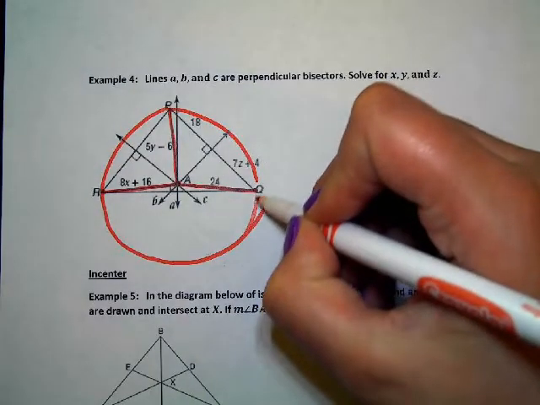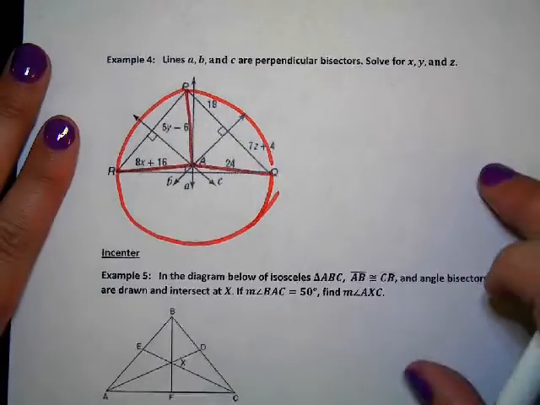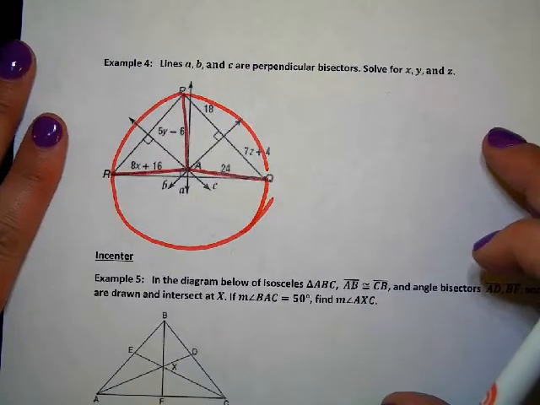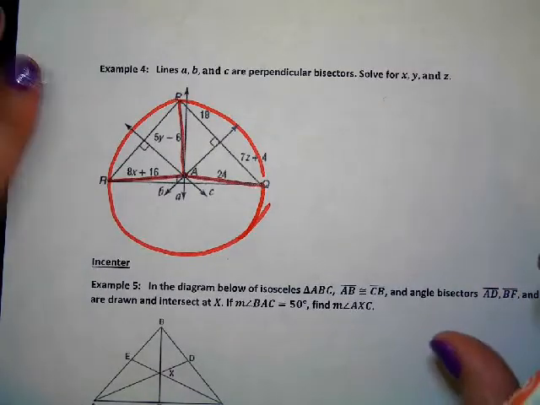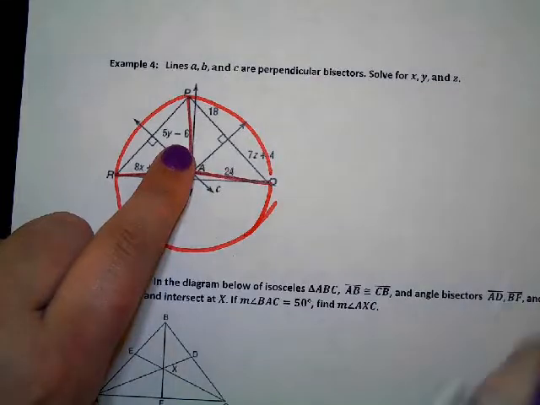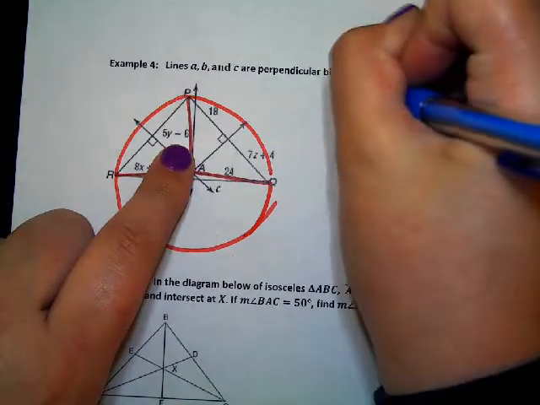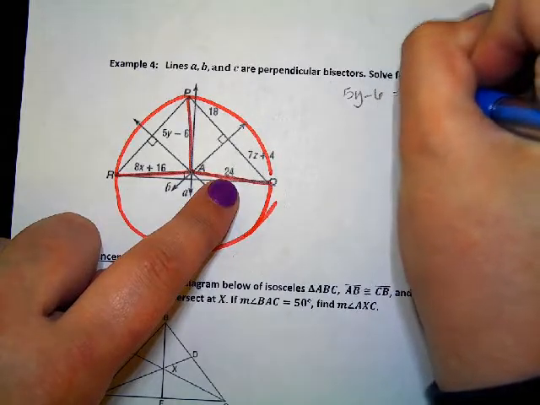All right, so now once you drew it, are you able to see what your different equations should be? Yes. Okay. So what should our equations be? Okay, so 5y minus 6 is a radius. 24 is a radius. Okay. What else do we have? 8x plus 16 equals 24.